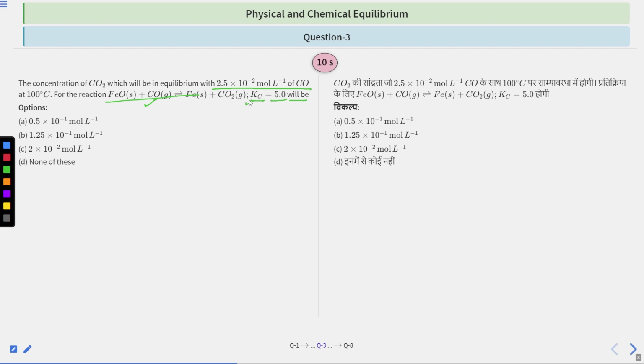Options are 0.5 into 10 to the power minus 1 mole liter inverse, 1.25 into 10 to the power minus 1 mole liter inverse, 2 into 10 to the power minus 2 mole liter inverse, or none of these. You have 10 seconds to solve this question. After that, we will see the answer.